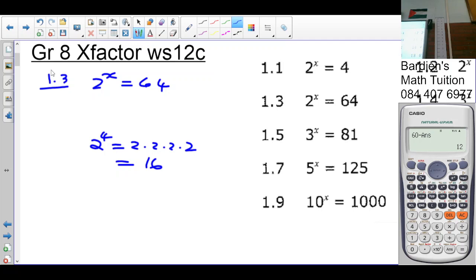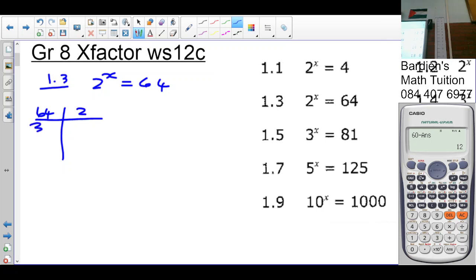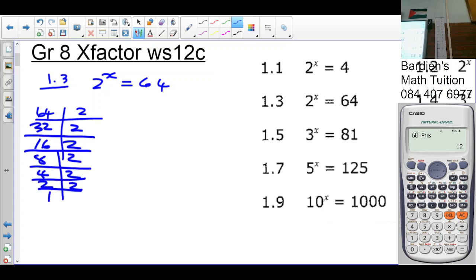That's right, 64. So what you ask yourselves is the following. What prime number goes into 64? 2 goes 32 times. 2 goes 16. 2 goes 8. 2 goes 4. 2 goes 2. 2 goes 1.